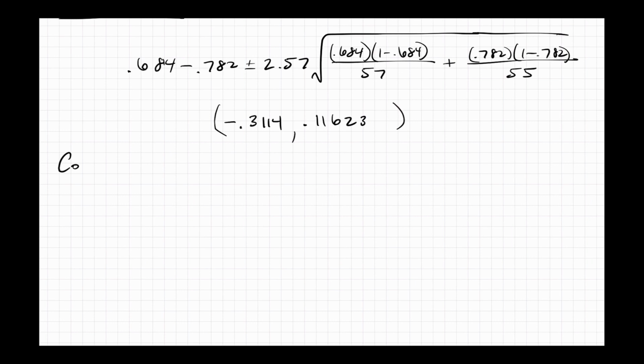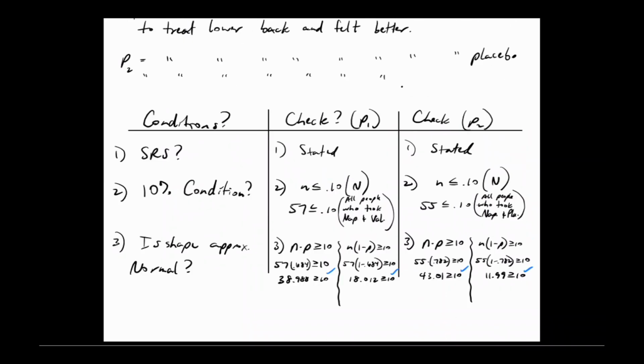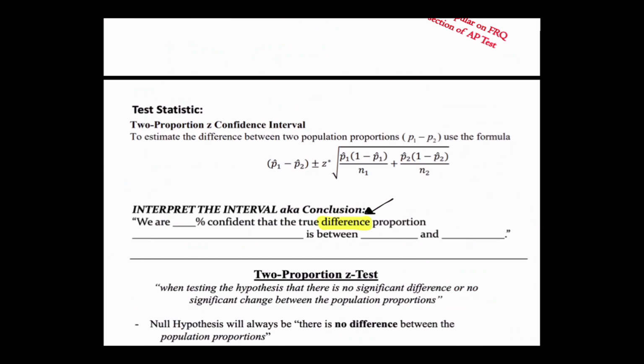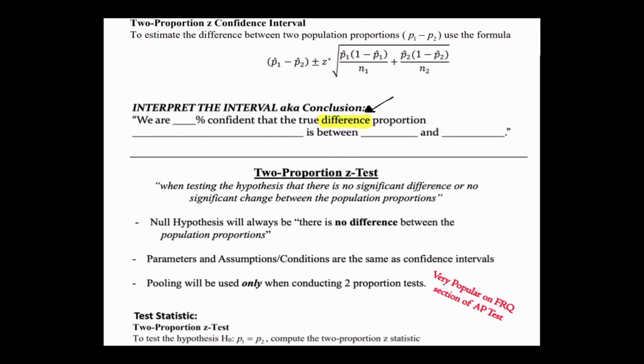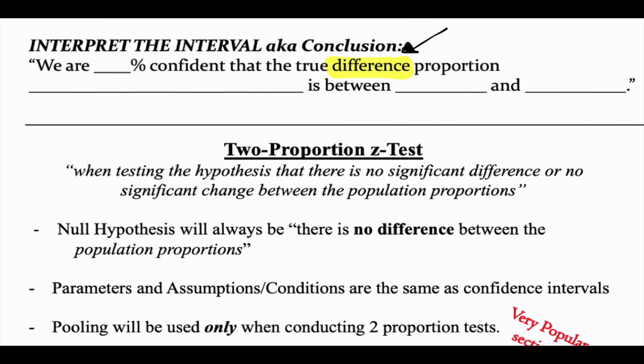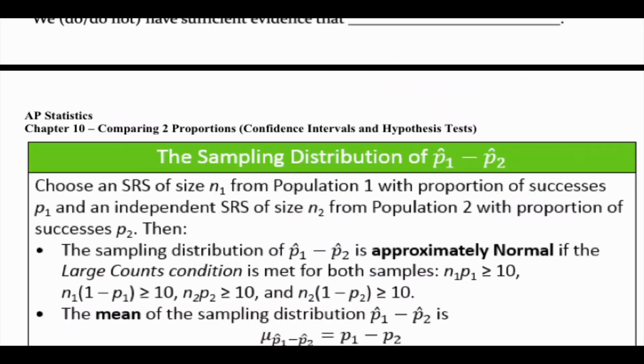Okay, last step, conclusion. We are blank percent confident that the true difference proportion in blank is between this and this.